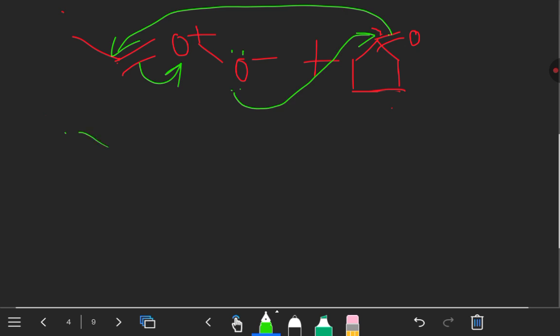So it will be this chain which is there. Okay, so we're going to form this with an oxygen there, then another oxygen, then that carbon has to bond with that oxygen.